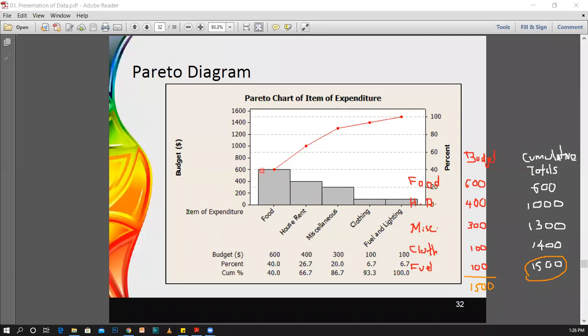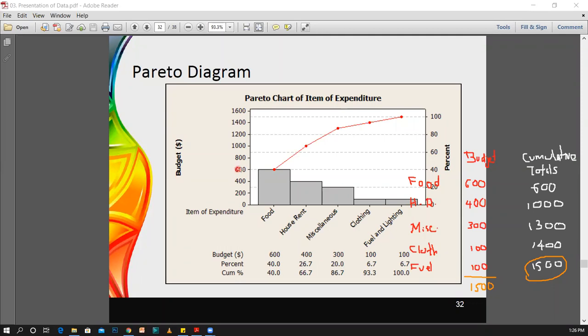This is the midpoint of the bar used to denote food, and the cumulative total is equal to 600. The next important thing is, when you are constructing the Pareto diagram, the first point is always exactly on the first bar, the bar with the most height.